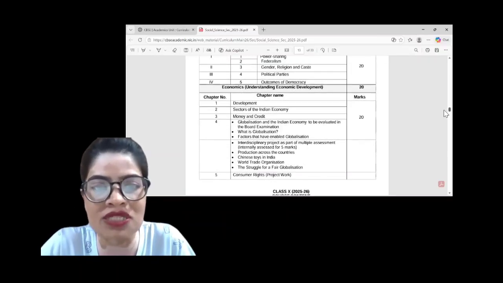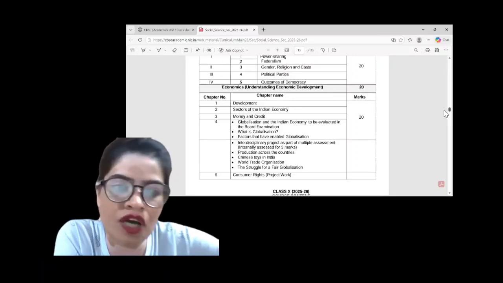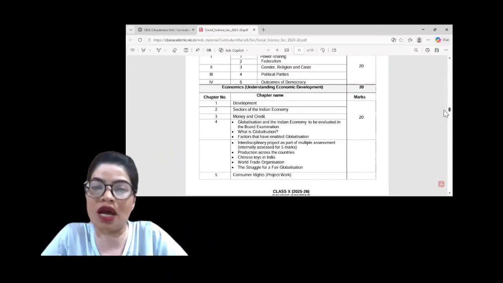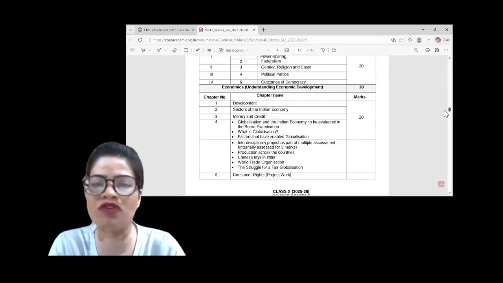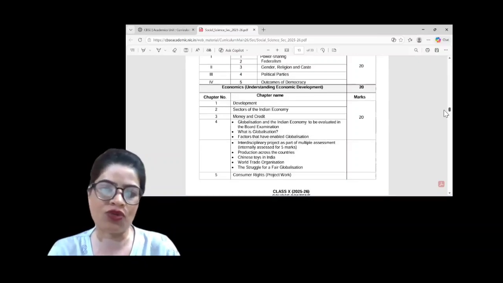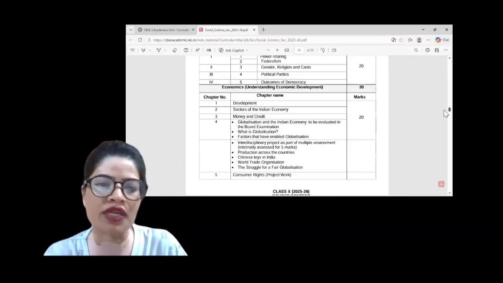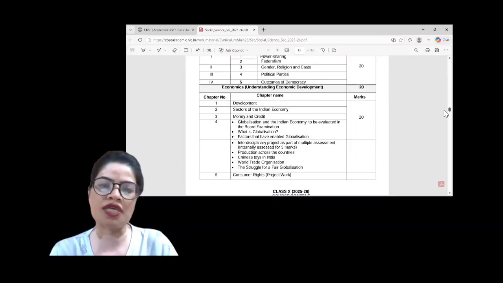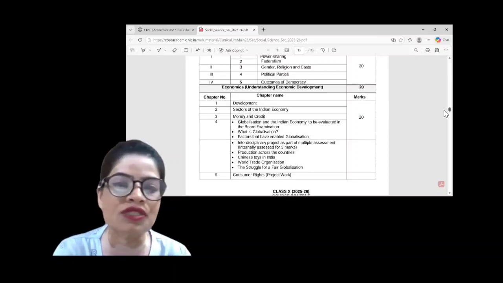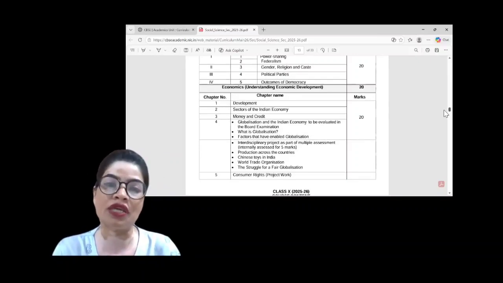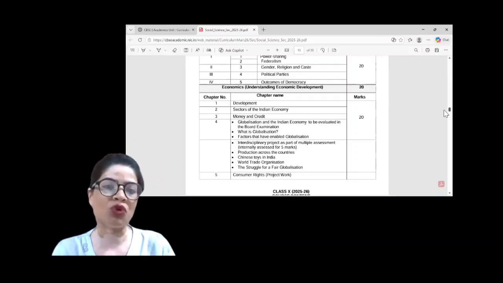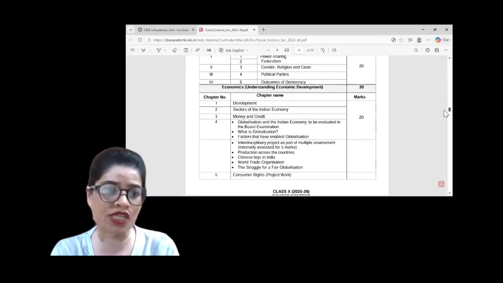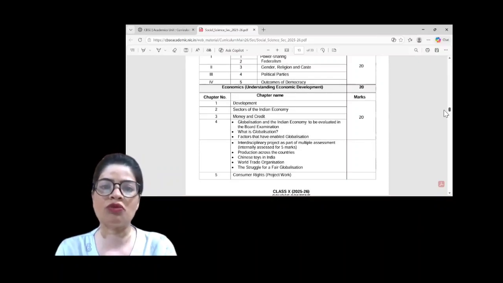Then comes economics. In economics we have 5 chapters, in which the last chapter, which is consumer rights, always comes in project, so that we don't have to learn. And then there are 4 chapters. First is your development, second is sectors of the Indian economy, then third is money credit, and fourth is globalization and the Indian economy.